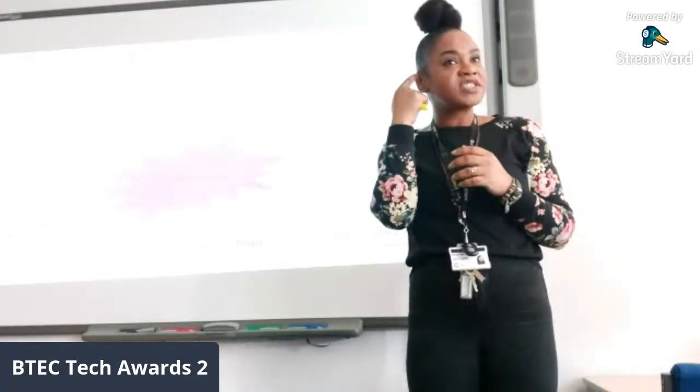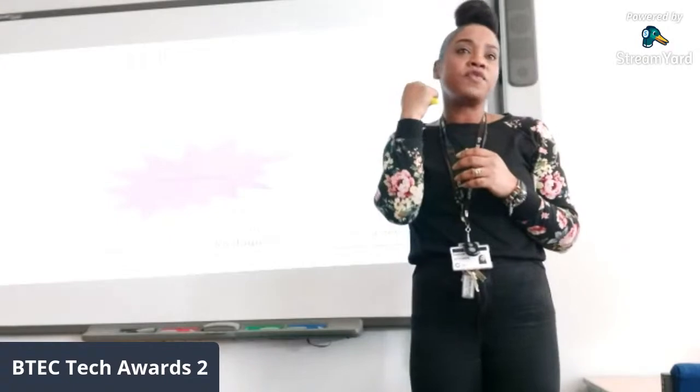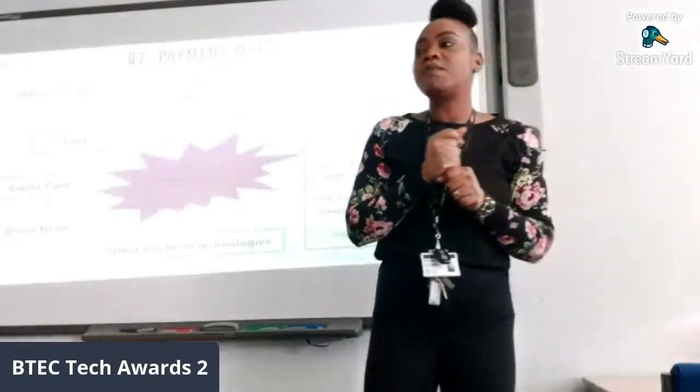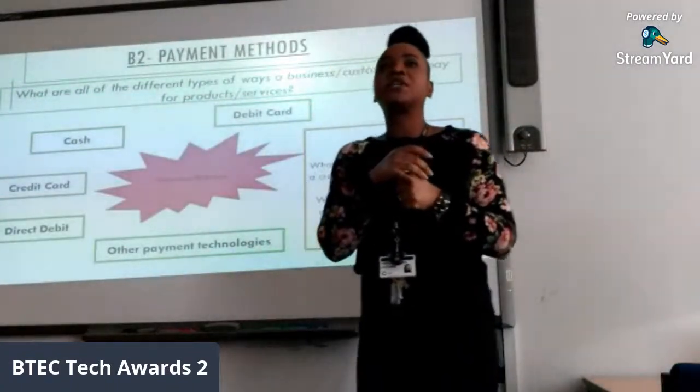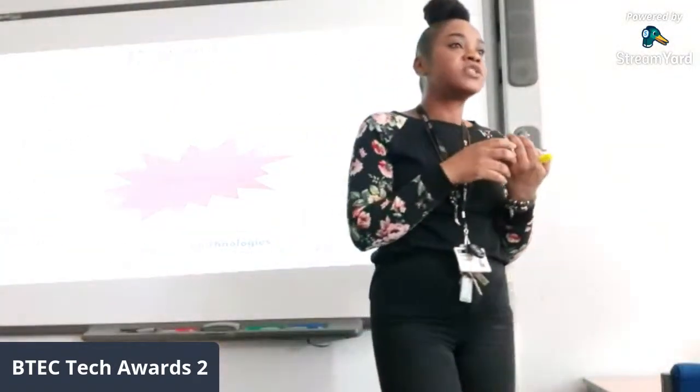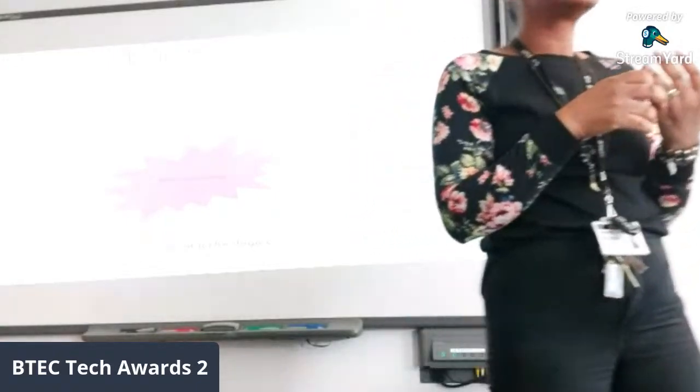So interest, for example, when we spoke of the debit card, if you have a sum of money in there and you have a particular account, like a savings account, yes, they will pay you back. They pay you like 1% or 2% interest on it.